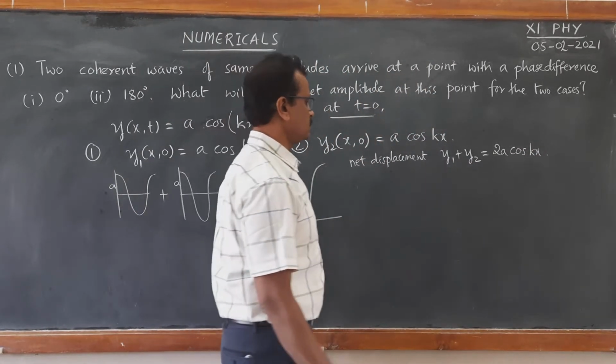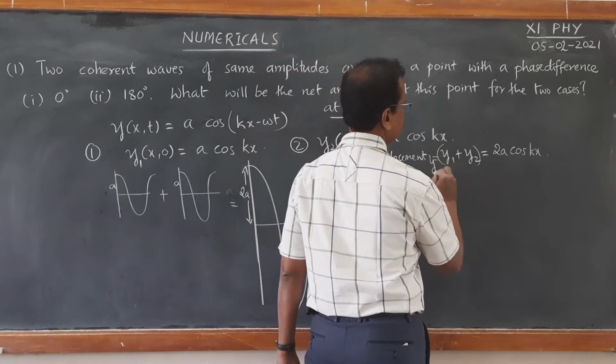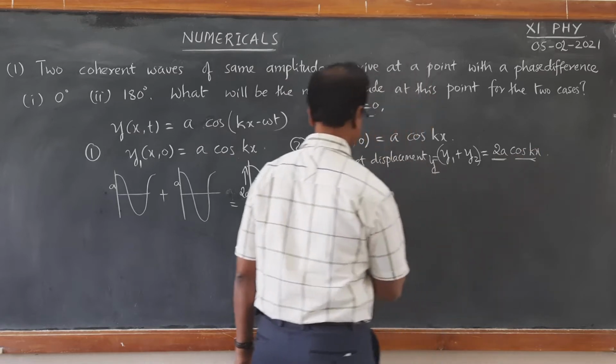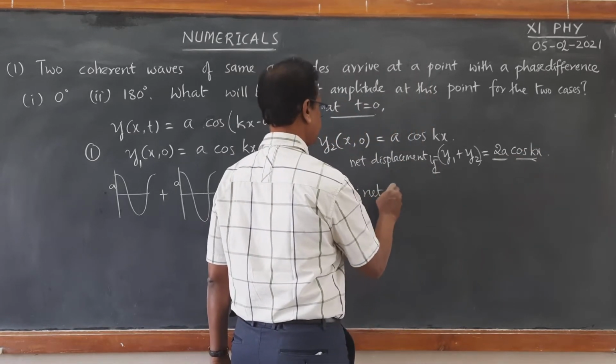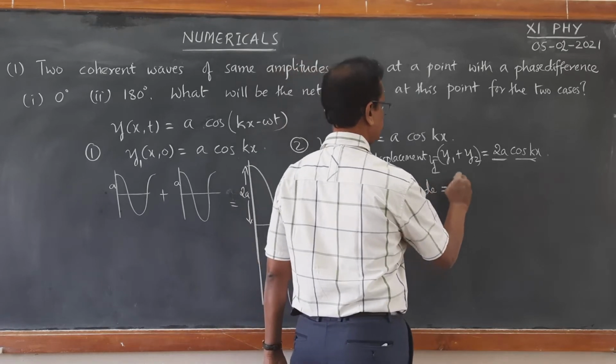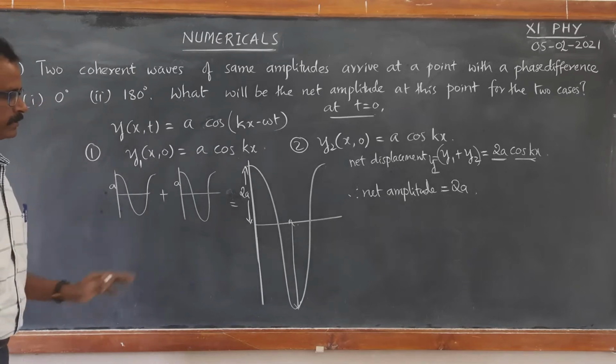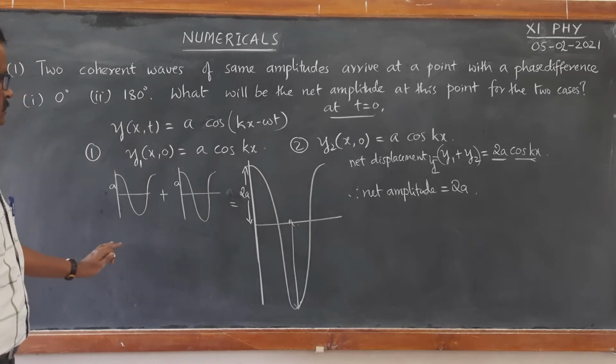Therefore, the net displacement y is equal to 2A cos kx, and the net amplitude becomes 2A in this first case. This is what we have already studied.